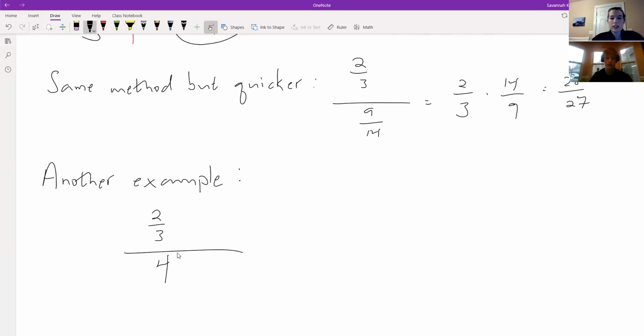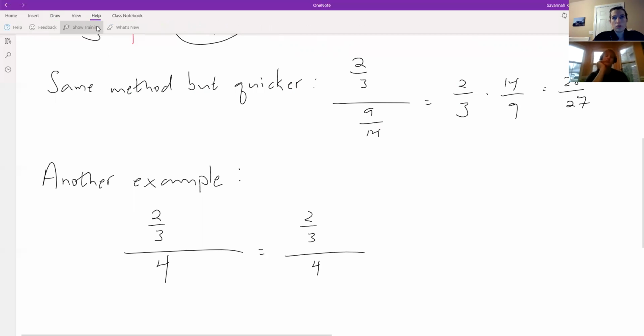In this case, it's still a complex fraction, but it looks for a second like you only have one little tiny fraction inside of the bigger fraction. You only have 2/3 because 4 is a whole number. But this fits the same framework as what we just did, because 4 can be rephrased as 4/1.